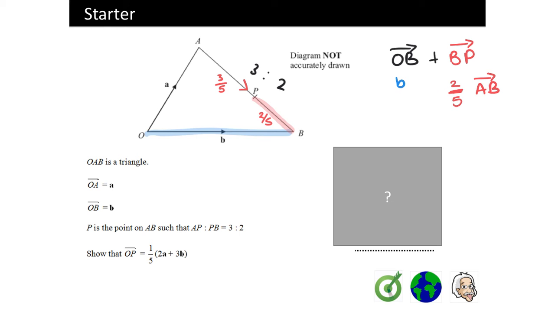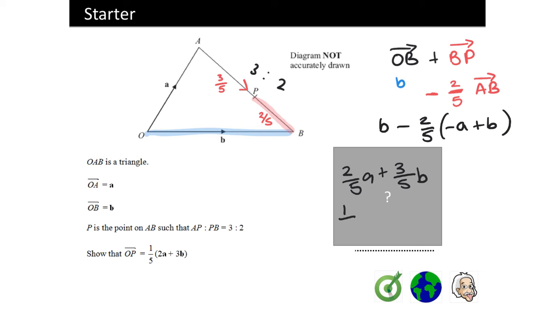There's more than one way to do this question. So it's going to be minus 2/5 of the line AB, because if we say the line AB is this direction, we're going the negative way. So now I need to know what AB is. A to B, I'm going to go this way, which is minus A plus B. So my final thing is B minus 2/5 of AB, which is minus A plus B. So I'm going to have 2/5A plus 3/5B.